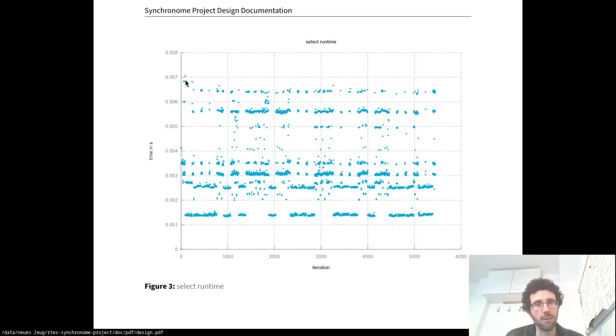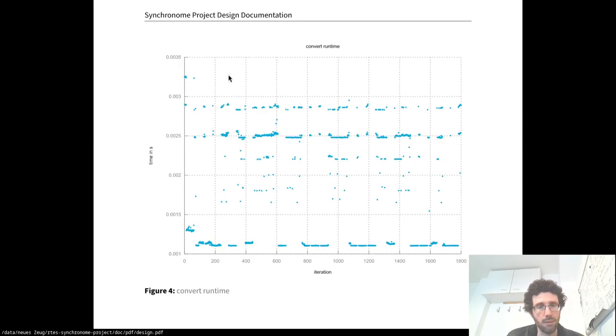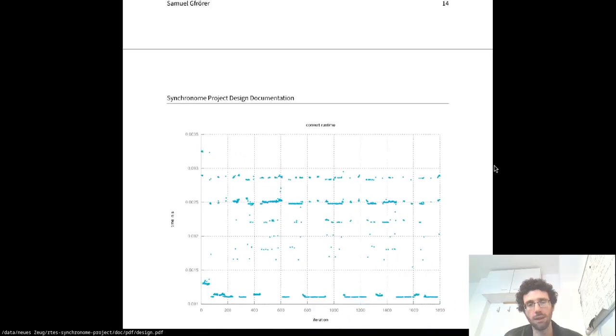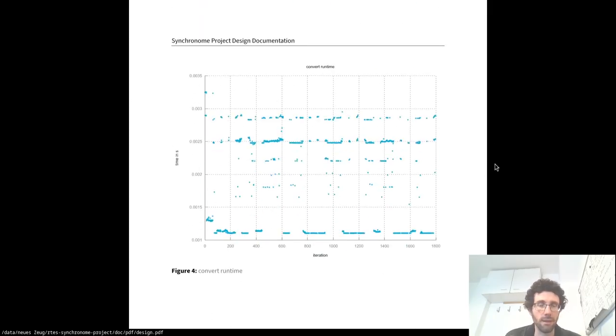For service 2, this is about 7 milliseconds, and my assumption was 10 milliseconds. For service 3, we have a worst case execution time of around 3 or 3.5 milliseconds, and that's also below 10 milliseconds. So scheduling is safe, and my assumption was correct.